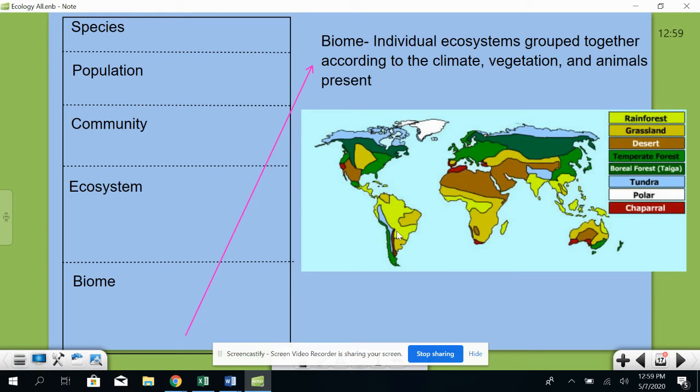Or these areas here, instead of having all different individual ecosystems, we can group these areas together and call them a rainforest. Where you can see at the top, tundra, polar, arctic. You can see the groups here. So rather than having individual ecosystems everywhere, we can group them on a larger scale and classify them this way.